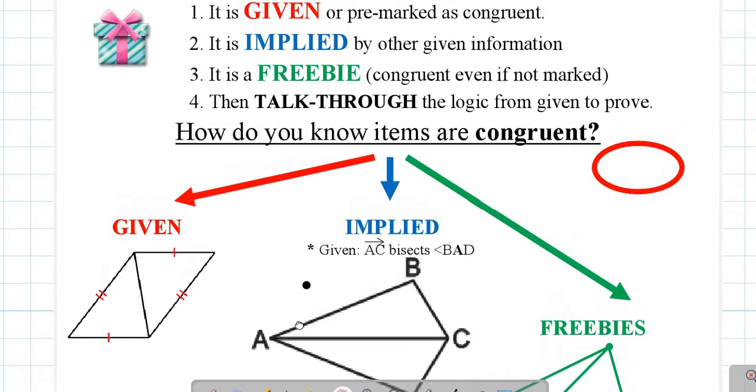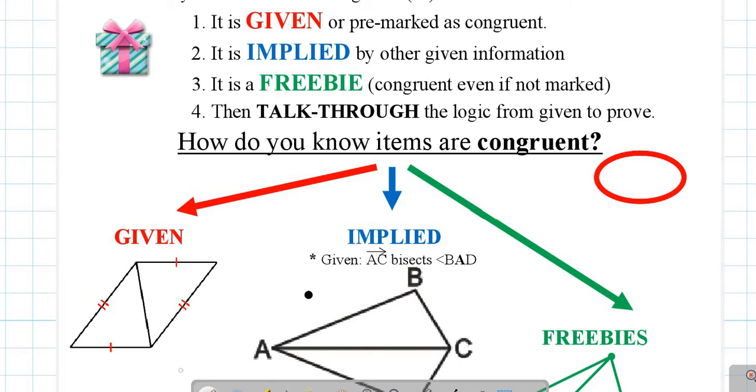And it is this. If the information is given, it's simply on the diagram, or you're told it's congruent. So you get congruent things by given information. You also get congruent things that are implied by the given. You also get, I call them freebies.